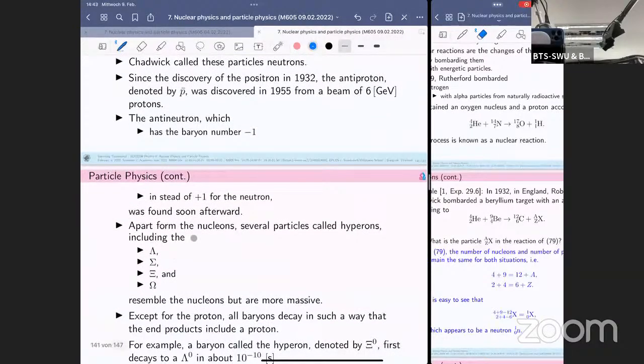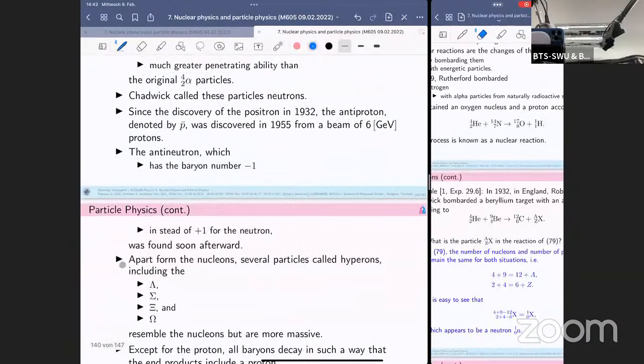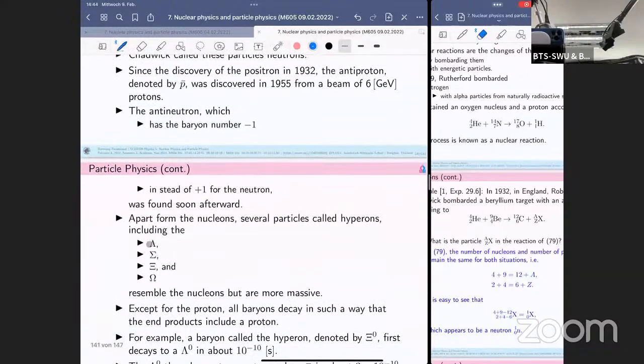Okay, let's talk about the bigger baryons, which are known as hyperons. Hyperons are actually bigger nucleons, like the lambda hyperon, but there are several types of lambda. Also the sigma hyperon, with several types of sigma, the psi hyperon, and the omega hyperon.